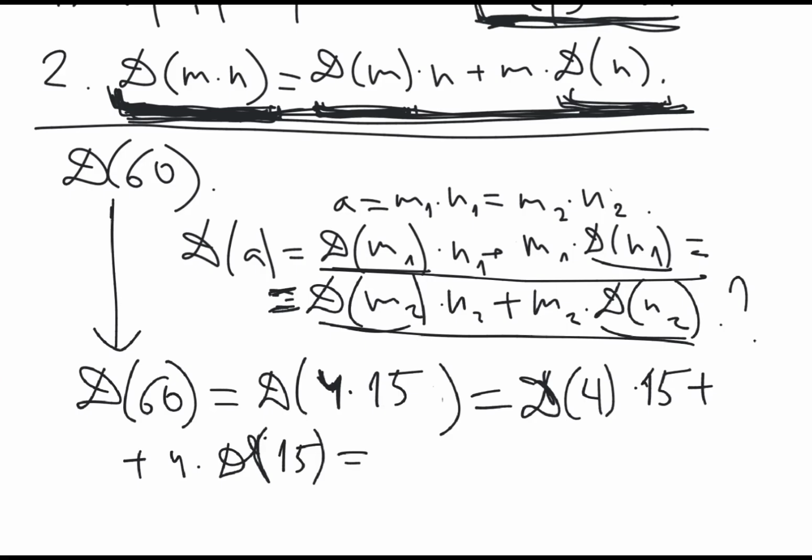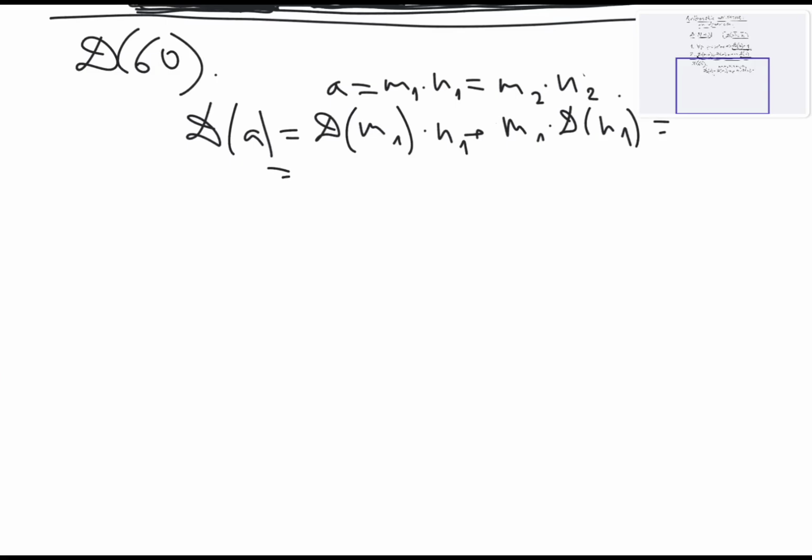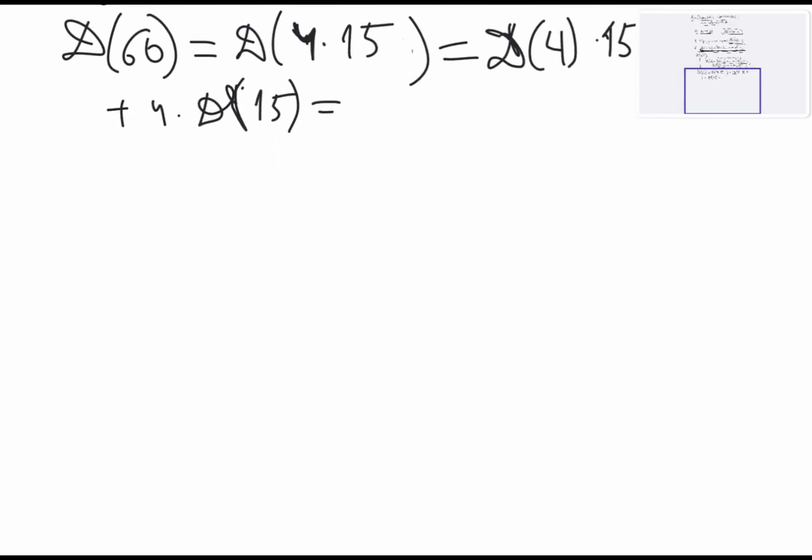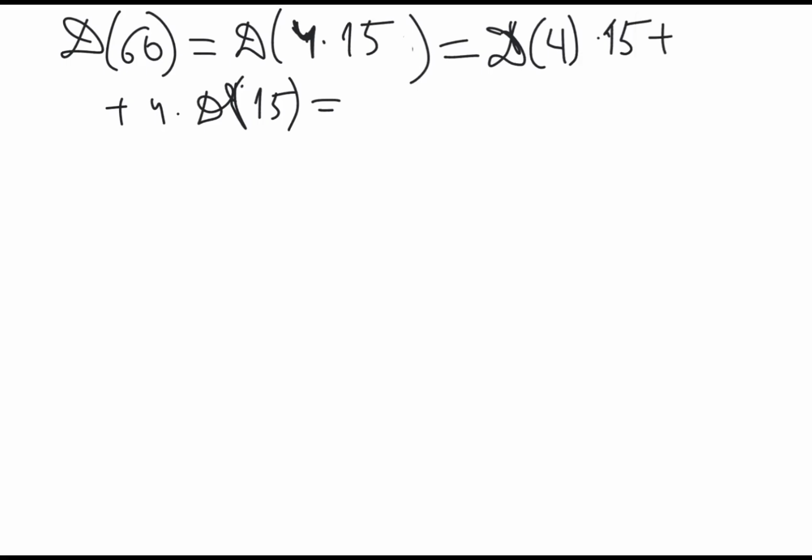Now 4 is 2 by 2, so d of 4 would be equal to d of 2 multiplied by 2 plus 2 multiplied by d of 2.